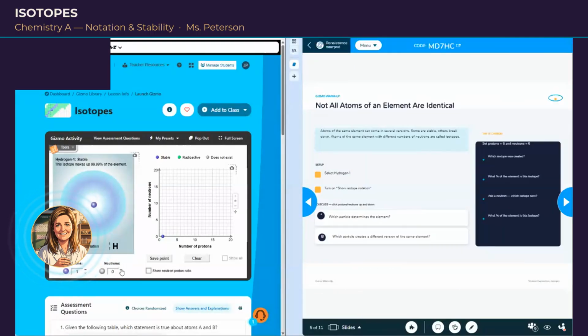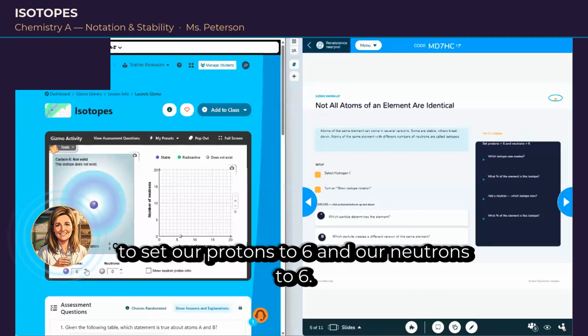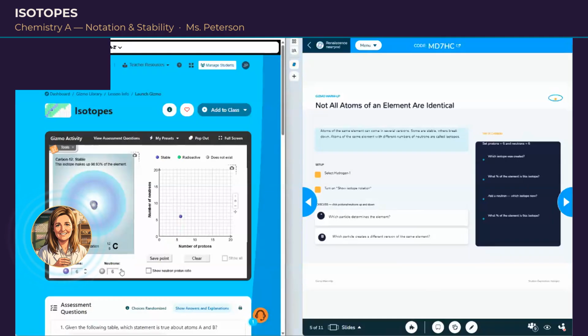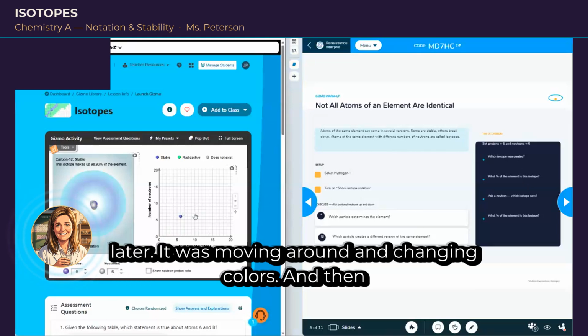Exactly, the neutrons. So over here, it says set protons equals 6 and neutrons equals 6. So we're going to set our protons to 6 and our neutrons to 6. Okay, and you can see over here in this graph, we're going to use this a little bit later. It was moving around and changing colors.